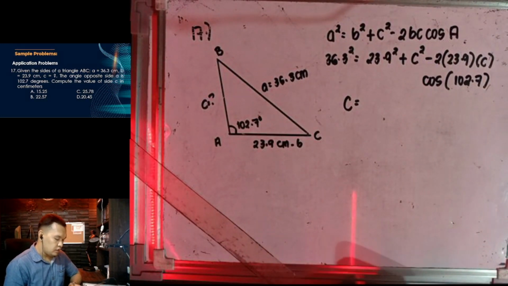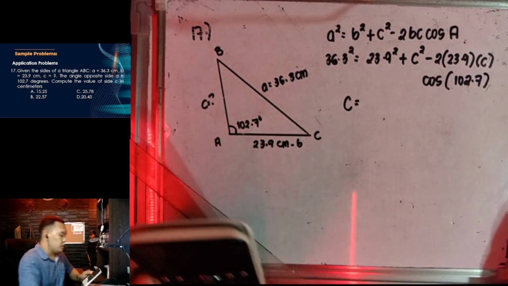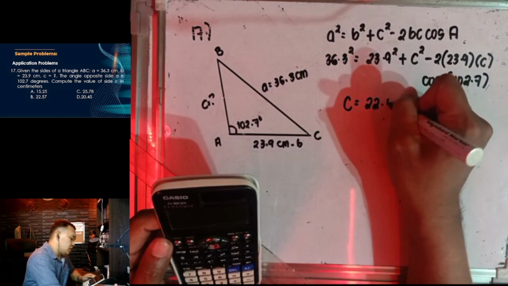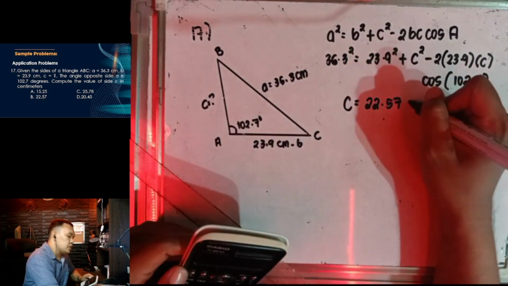36.3 squared is equivalent to 23.9 squared plus X squared minus 2 times 23.9 X cosine 102.7. So we have here 22.57 centimeter.